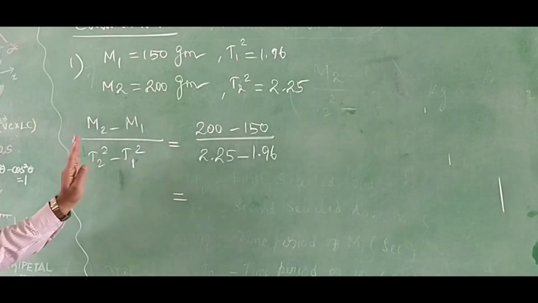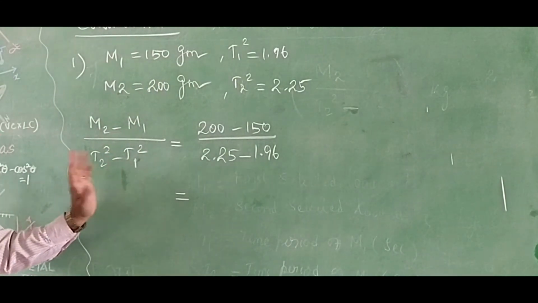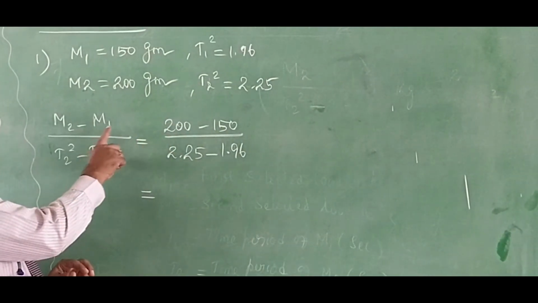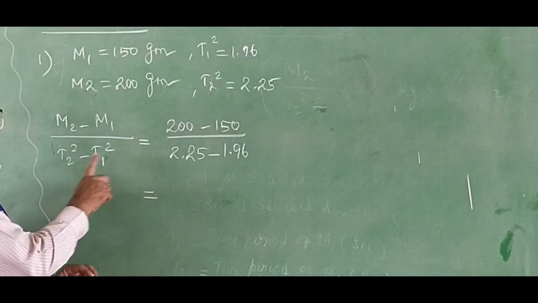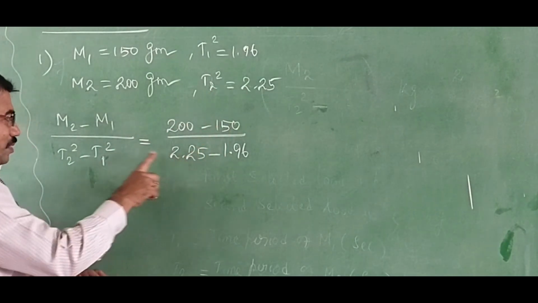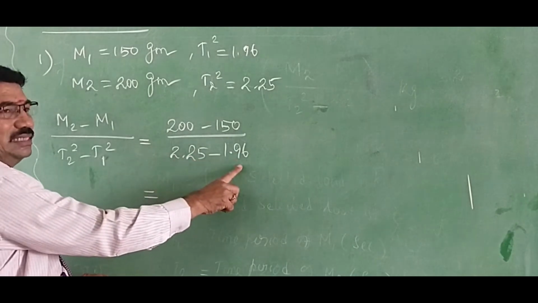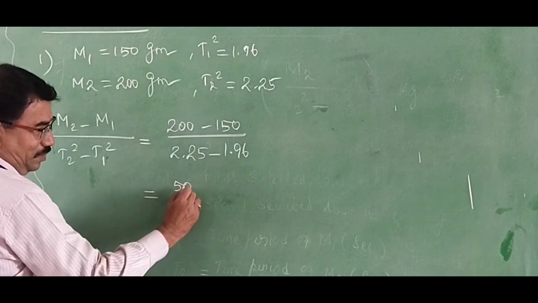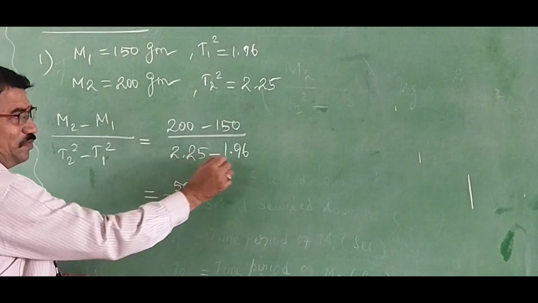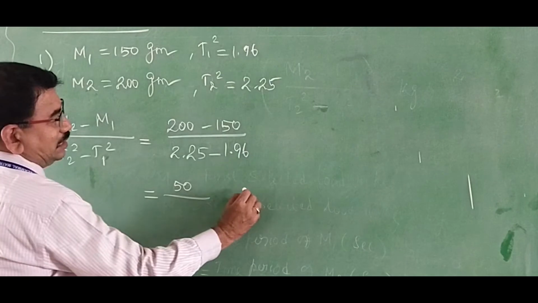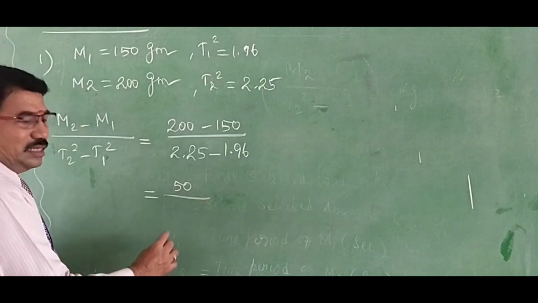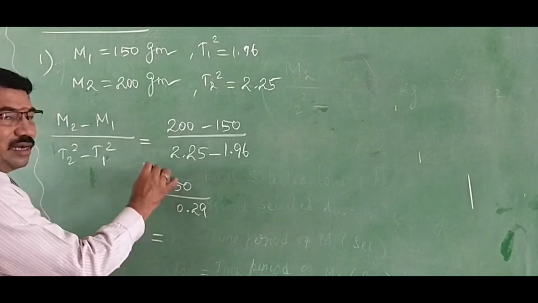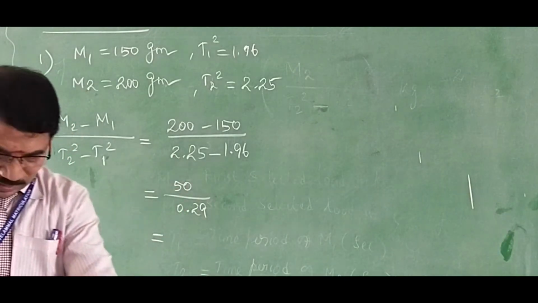Now our formula is M2 minus M1 by T2 square minus T1 square, and thereby I have substituted the M2 value as 200 gram, M1 value as 150, T2 square value as 2.25, and T1 square value as 1.96. As the next step, 200 minus 150 becomes 50 gram, divided by 2.25 minus 1.96, which gives 0.29.